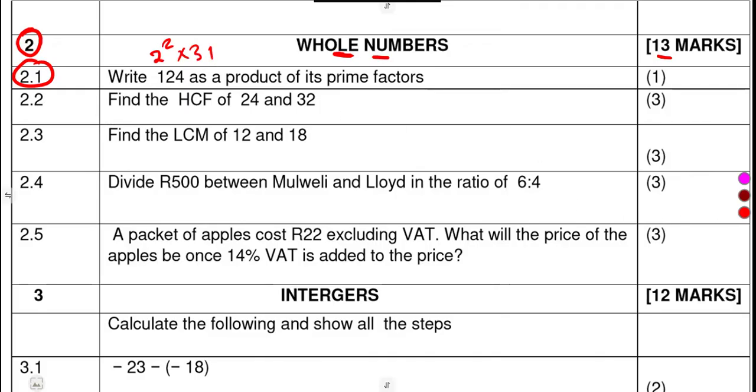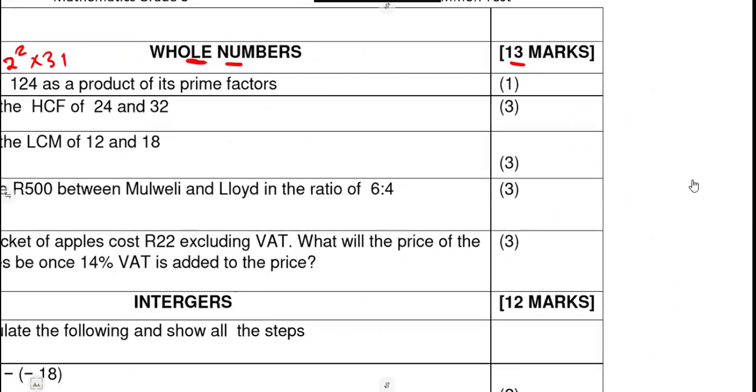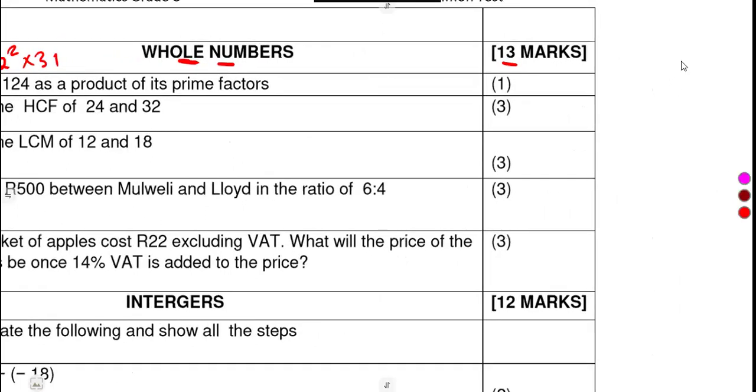But let's say I do not know this. What can I do? All right. This is our number, 124. So remember, we can simply use the prime factors. Prime numbers: 2, 3, 5, 7, 11.